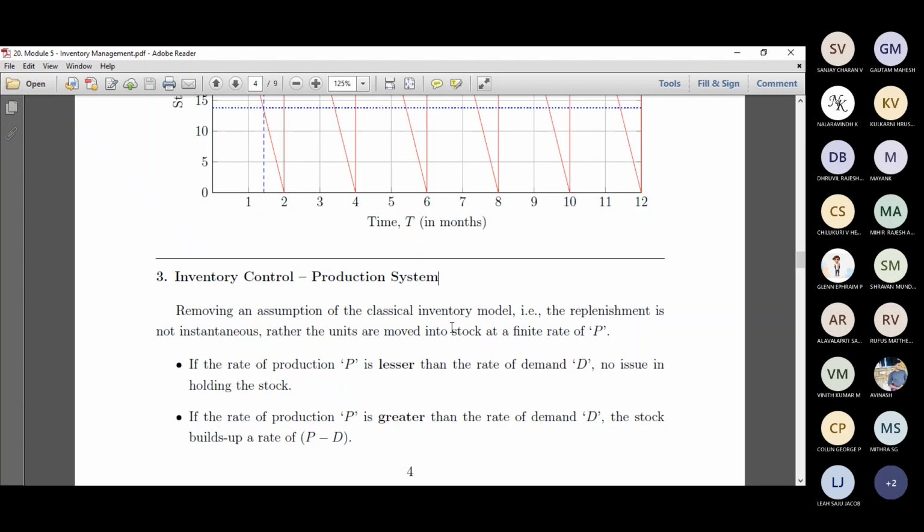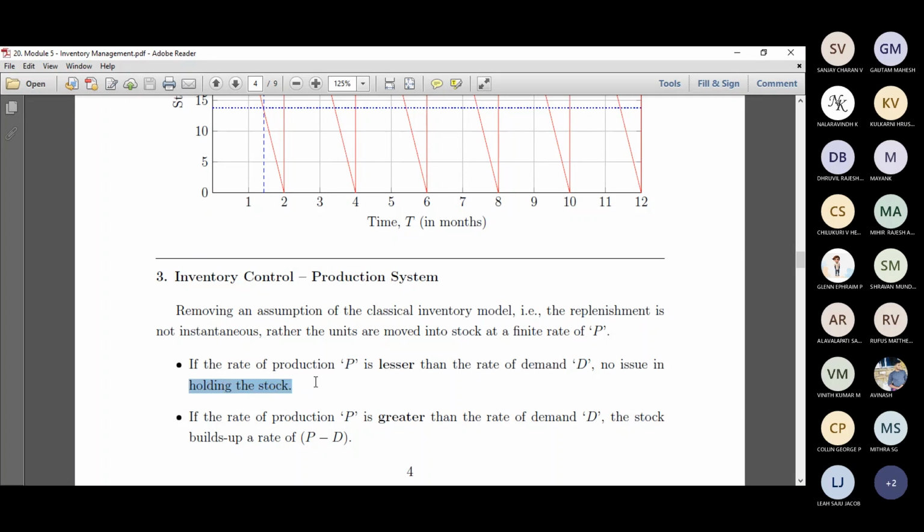Right? So in this case, the rate of production is capital P, and the replenishment is not instantaneous. When the replenishment is instantaneous, the stock gets moved all at once. But in this case, the stock gets moved at a finite rate of P. If the production P is less than the rate of demand, then there is no holding of stock.